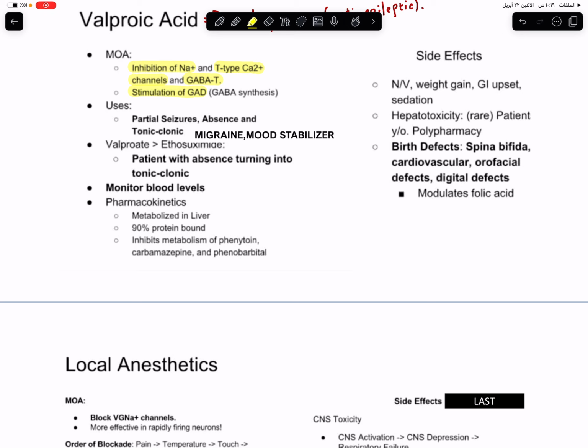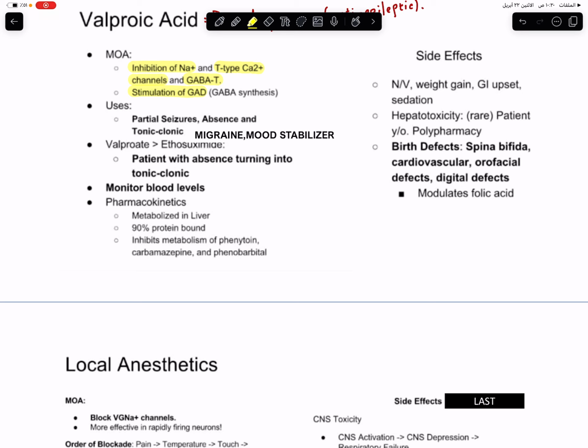But sometimes we need it not to be degraded for longer duration, like in epileptic patients. So it acts by these important mechanisms: inhibition of sodium, calcium, and GABA T or GABA transaminase.